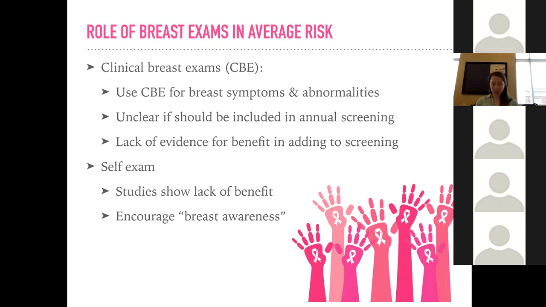So I would be mindful of a blanket no breast exam policy, because that's not really what the guideline is. You need to talk to your patient and find out what you think their risk might be. You don't need to go through a whole risk calculator, but you can use some guidelines like first and second degree relative, history of an abnormal biopsy. All those things take that woman out of an average risk category. And so then the decision about a breast exam is a little bit different.